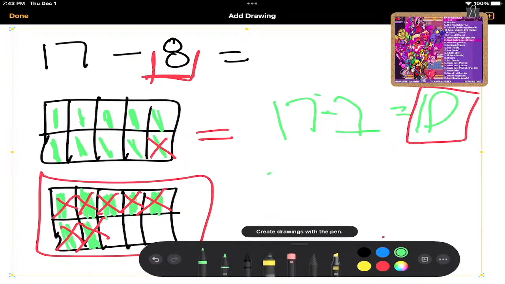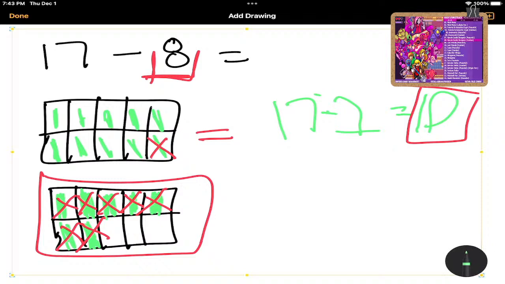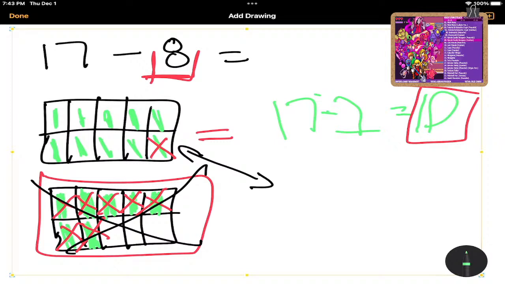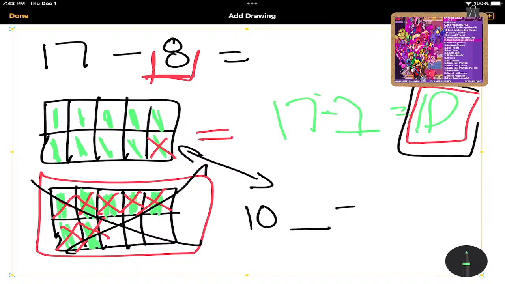The second equation is, we already subtracted this one, right? This doesn't exist anymore. What's left? Well, what's this frame? What frame is that? A 10 frame. Why? Because this equals this one. A 10. Right? 10 minus what equals what?